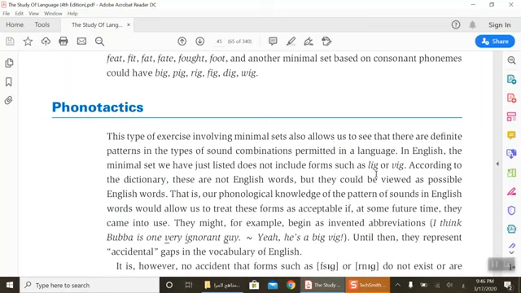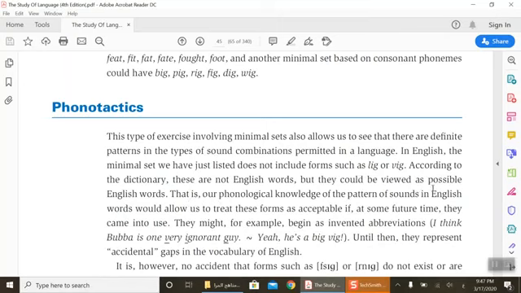In other words, when you go to a dictionary, you will not find these words, but they can be viewed as possible English words. Sometimes they are called possible English words, but they are not in the dictionary.